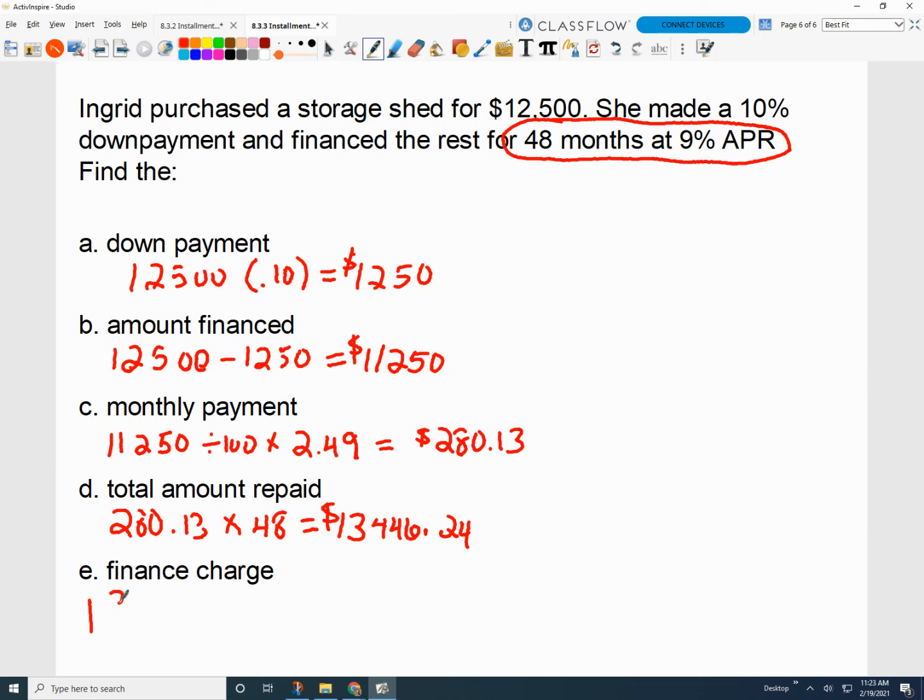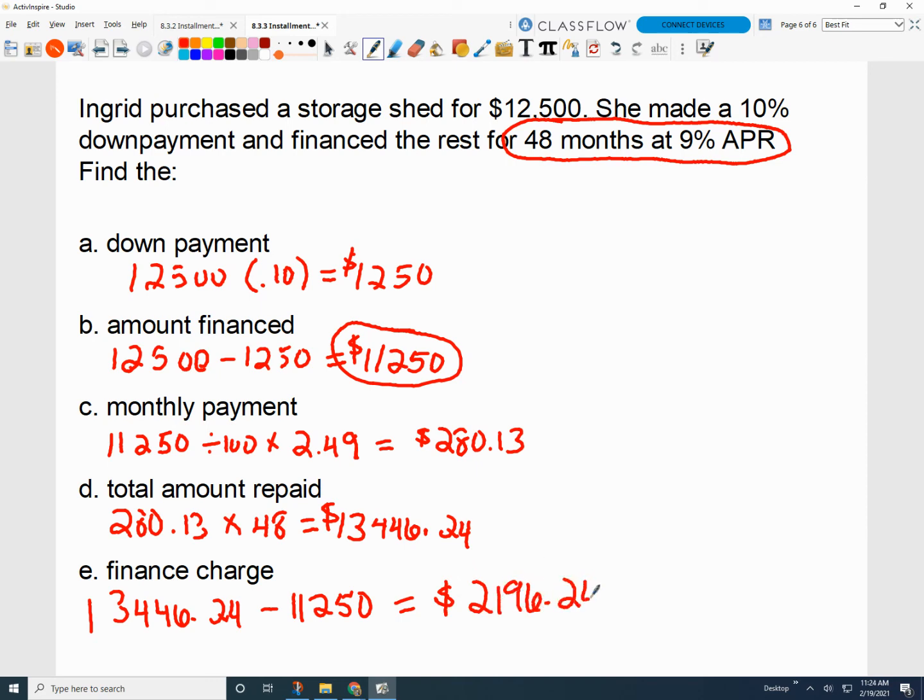So her finance charge is the difference between what she paid back and what was actually financed. So her finance charge for this one was $2,196.24.